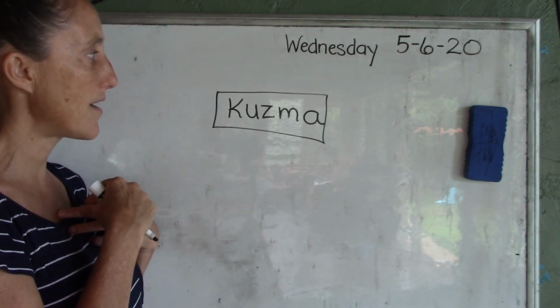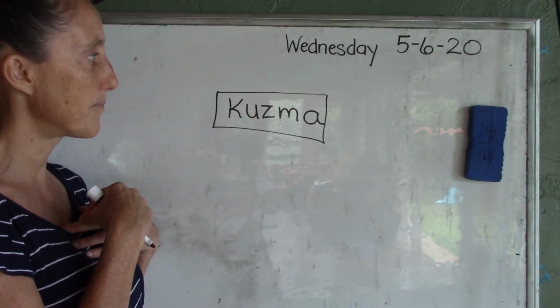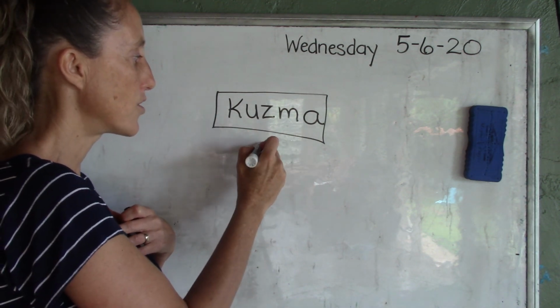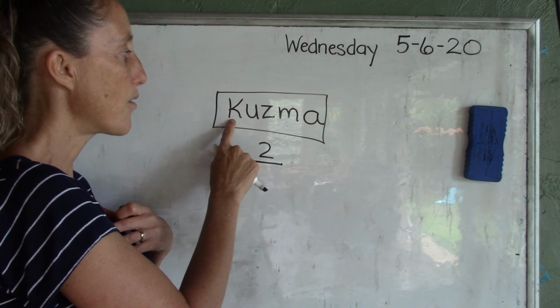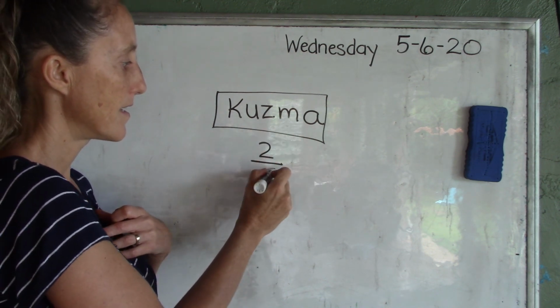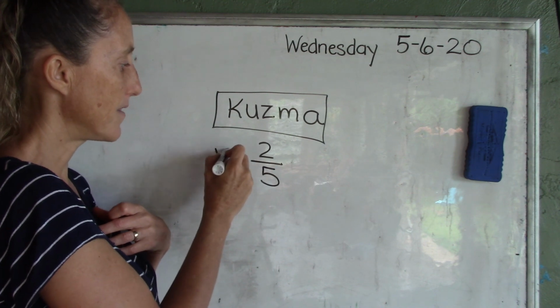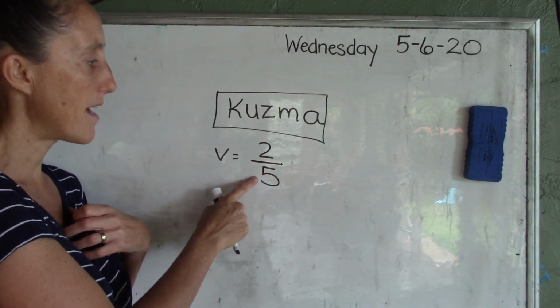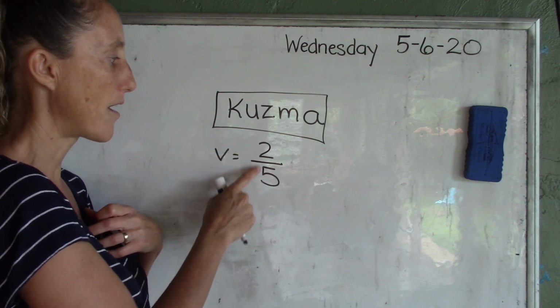So do I have any vowels in my name? I have a U and an A. So I have 2 out of how many total letters? 1, 2, 3, 4, 5. So I'll put V for vowels. 2/5 or 2 out of 5 of the letters in my name are vowels.